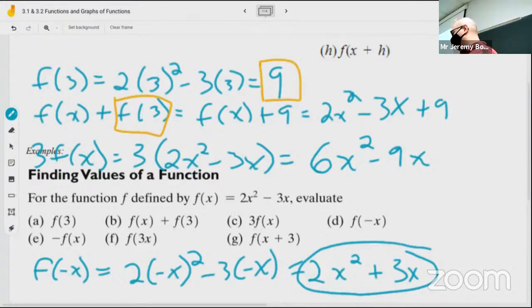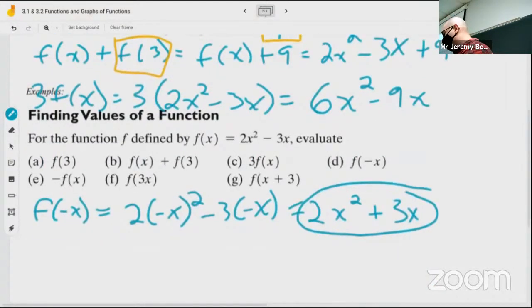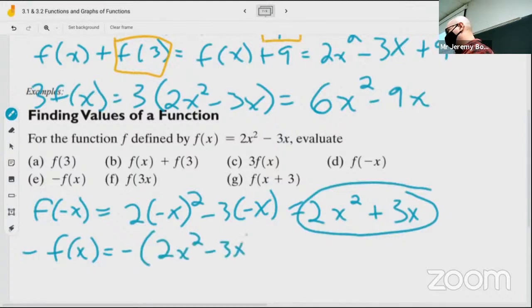Then E, we're also going to be using that one in the next section. You have negative f of x. That's just like a negative outside or multiplied times a function. I like thinking of it as a negative 1 times it, but hey, whatever works for you. That's going to distribute to 2x squared.